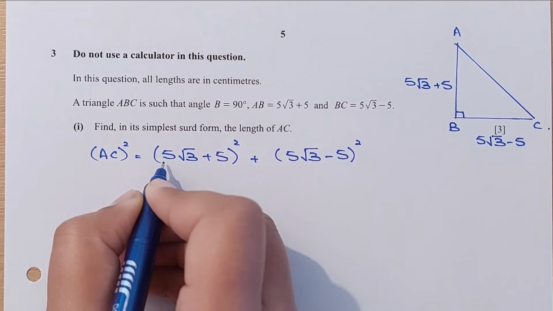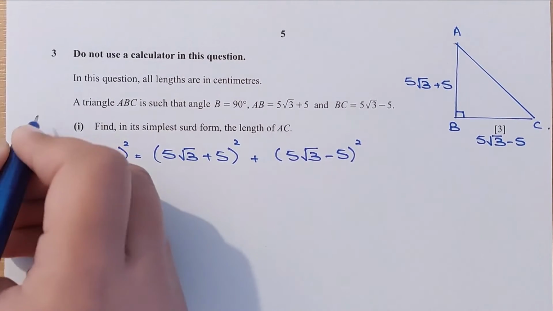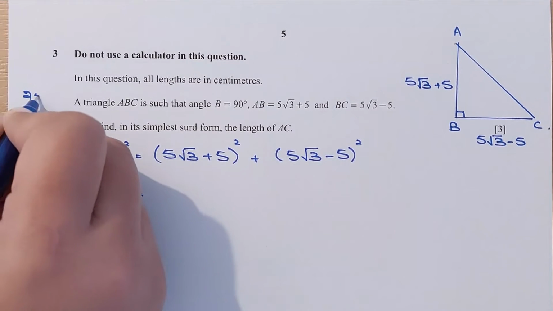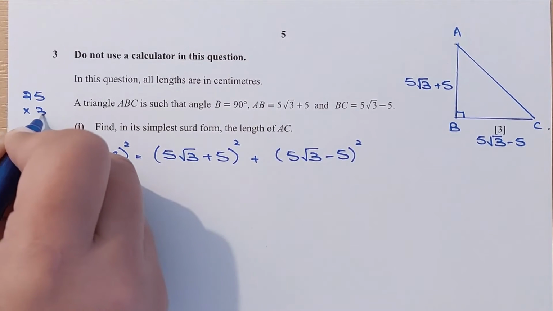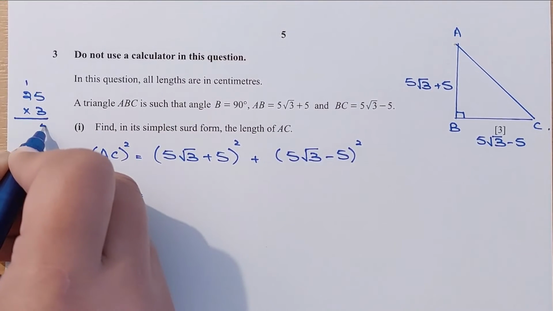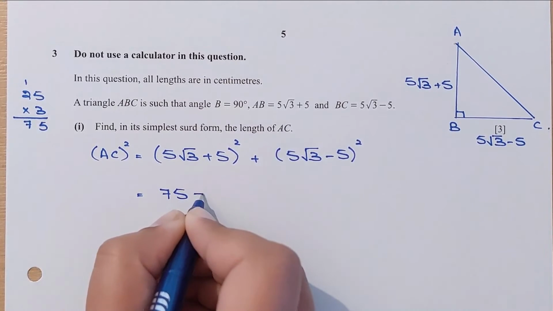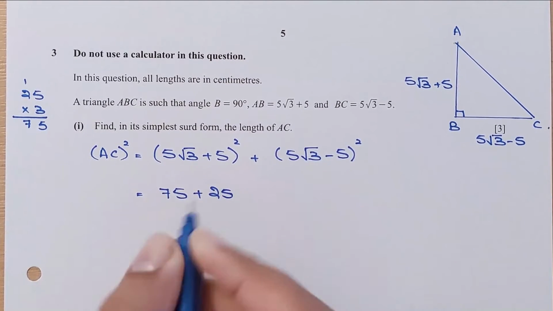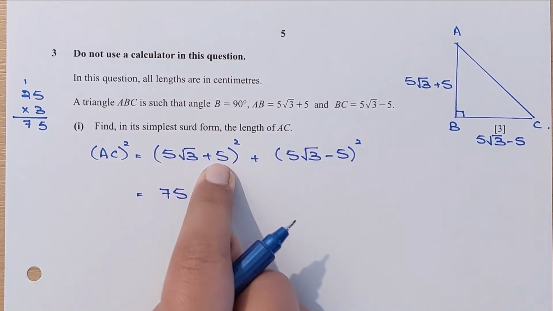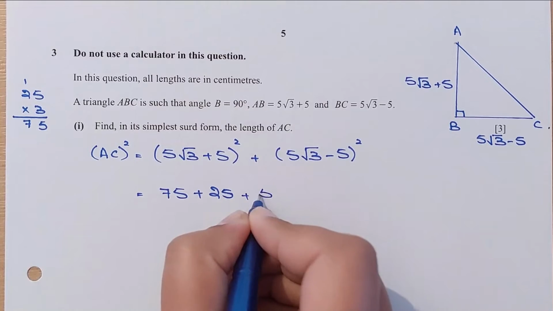5 squared is 25 and square root of 3 squared is 3, and 25 times 3 is 75. And 5 squared is 25. 5 times 5 is 25 and 25 times 2 is 50, so plus 50 square root of 3.